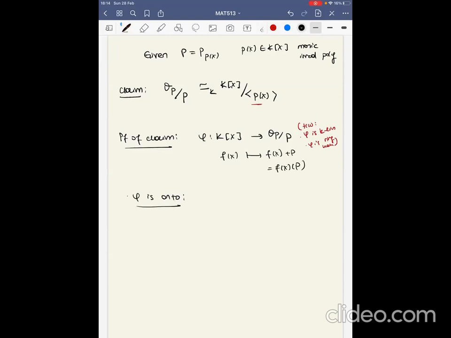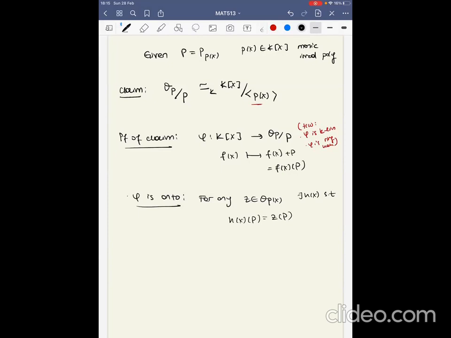In order to see that phi, which is defined as the evaluation of the polynomials at the given place P, is onto, our claim is that for any function z in O_P, there exists a polynomial h of x such that its image is equal to z(P).